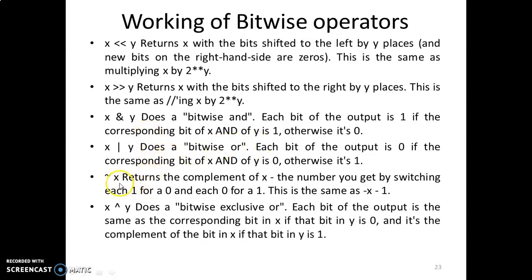Now let's see what the bitwise NOT does. Bitwise NOT, represented as tilde x, returns the complement of x, that is, the number you get by switching each 1 for a 0 and each 0 for a 1. An easier way to remember this is that bitwise NOT x is equal to minus x minus 1.